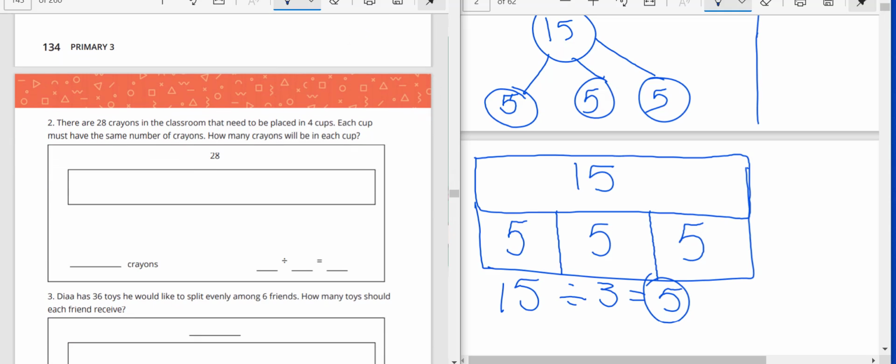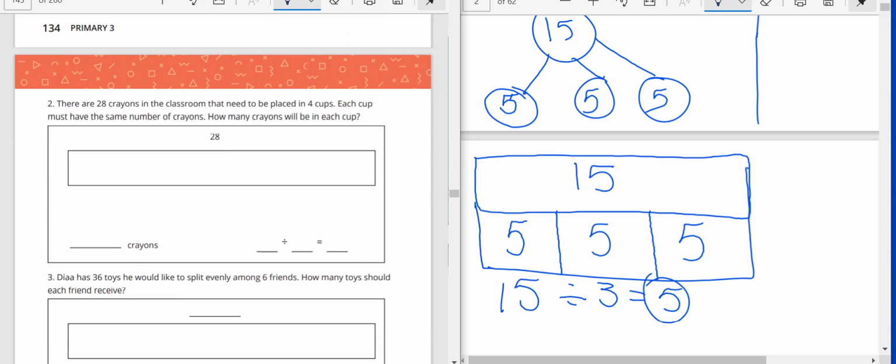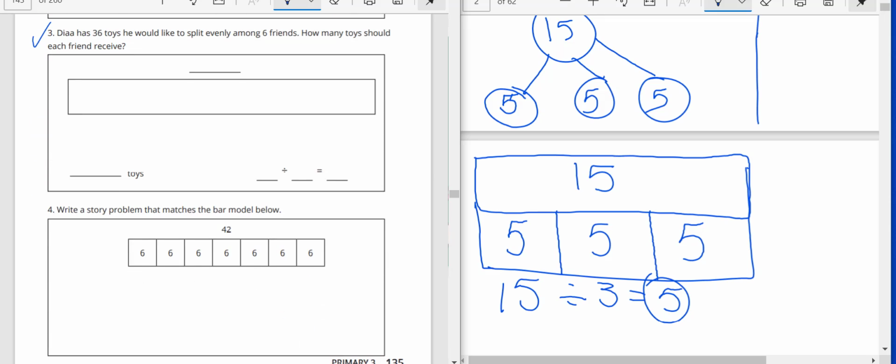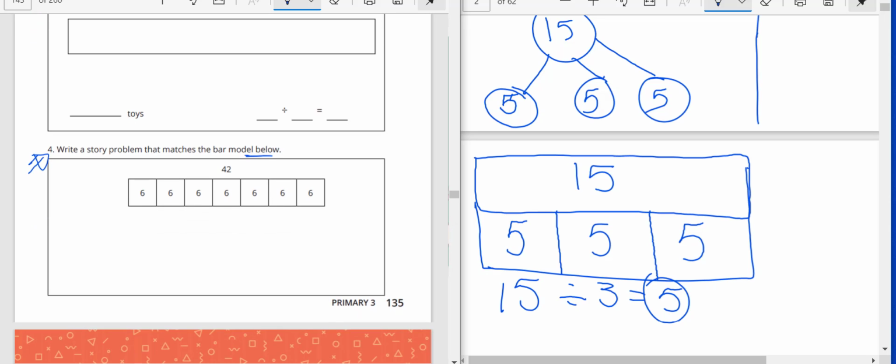Okay, this is number 2. Solve this problem on your own, like we solved the first one. Here, write a story problem that matches the bar model below. In this bar model, the total number of items is 42. This is the total number of items.